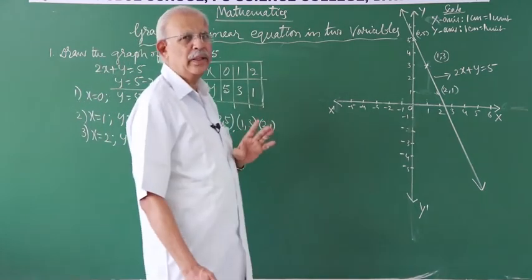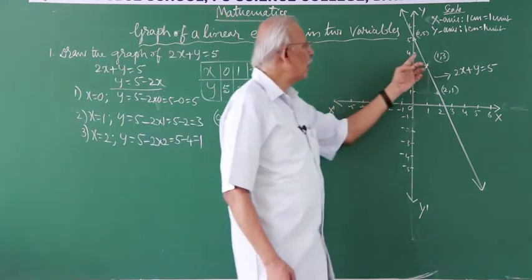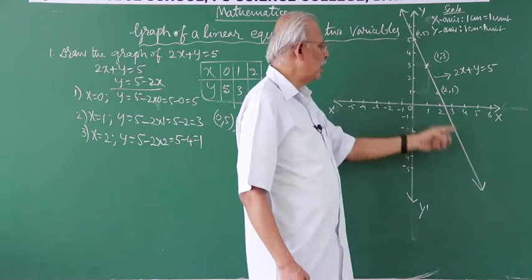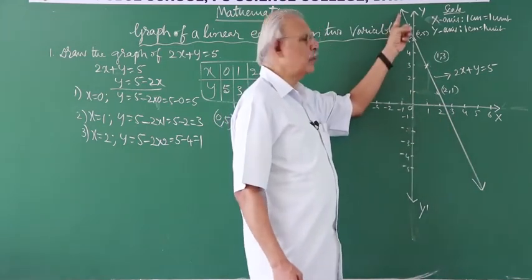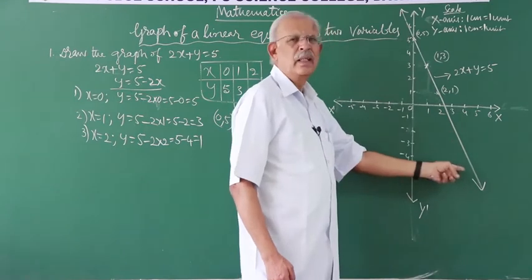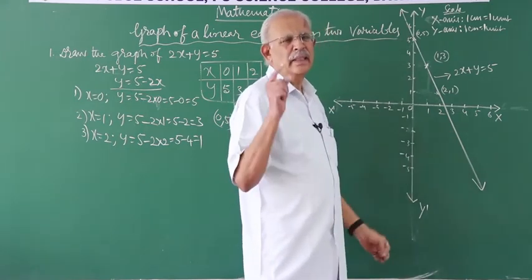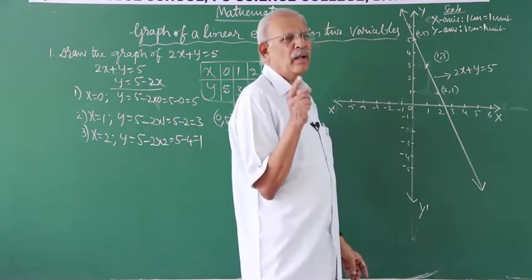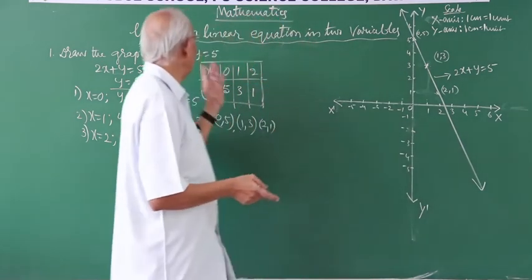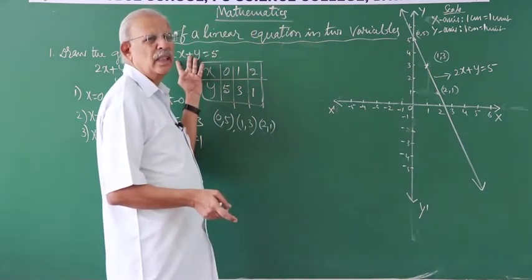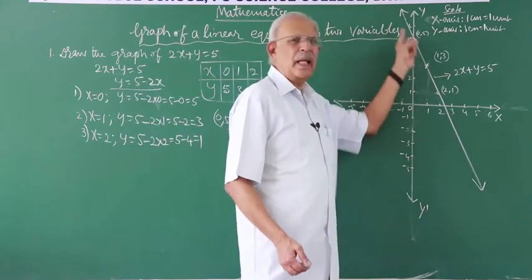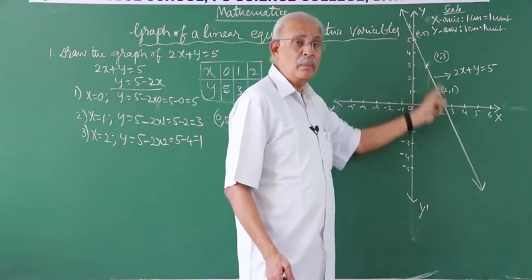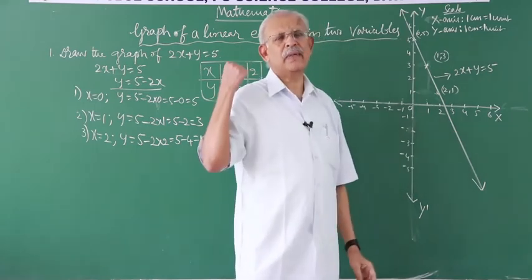If you take any point, whether you take here, here, like this, corresponding to every point on the line, there is a pair of values that is a solution for this equation. So the coordinates of all the points on this line will satisfy this equation.